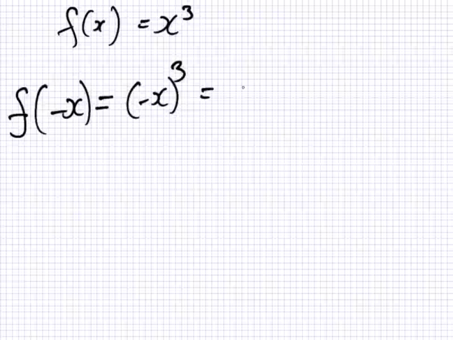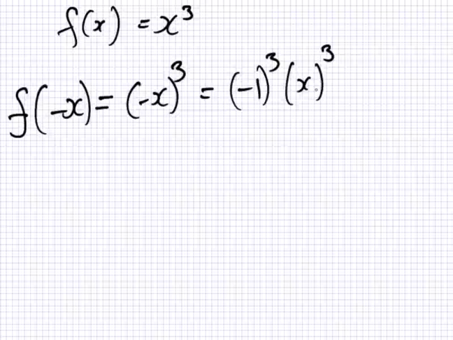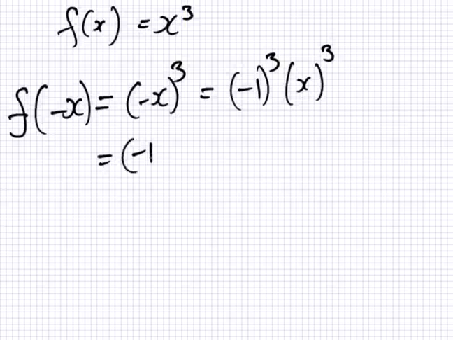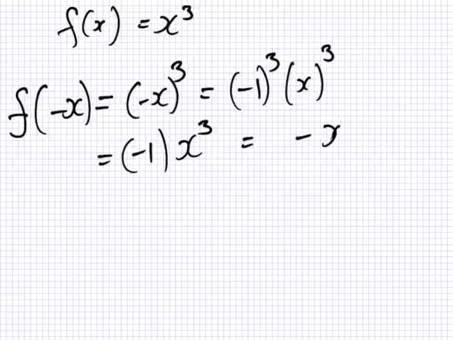But what does x squared equal? I'll make it even more explicit. That's equal to minus 1 squared times x squared, which is equal to x squared, which is equal to f of x. So you started with f of minus x, and you finished with f of x. Therefore, it's even.